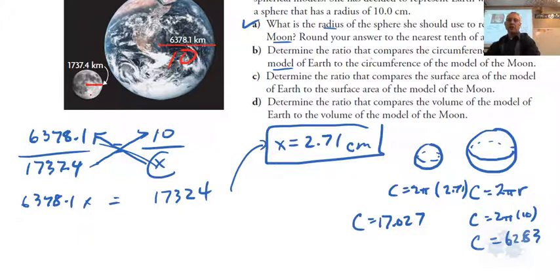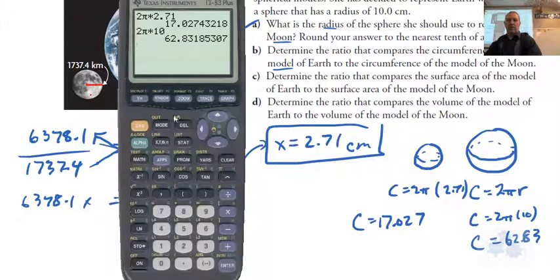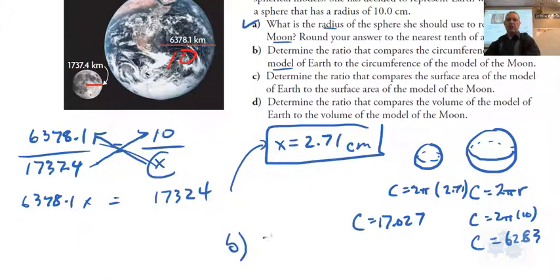So the ratio that compares those two circumferences, you simply divide those numbers. So that number is 62.83 divided by 17.02. Let's put as many decimal places as we can here. And we got 3.69. So for B, the ratio would be 3.6900 or so. So does that check out?